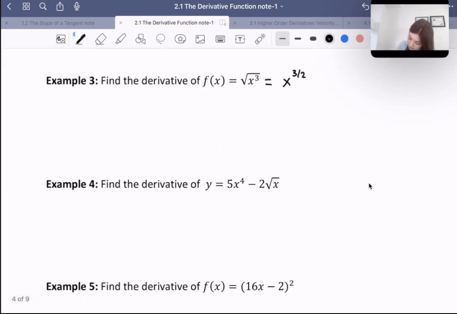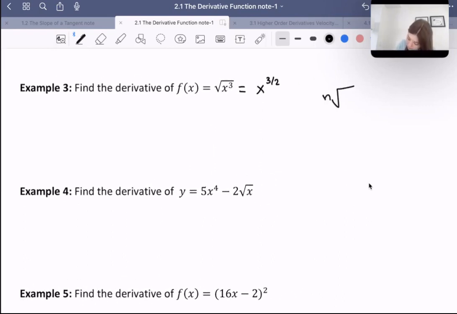Recall that the nth root of x is equal to x to the 1 over n, right? So all I did is I said, well, this is the square root, and then it must be 3 over 2. Good.